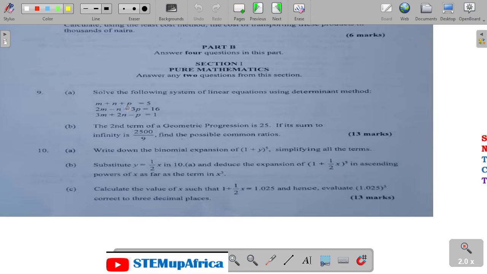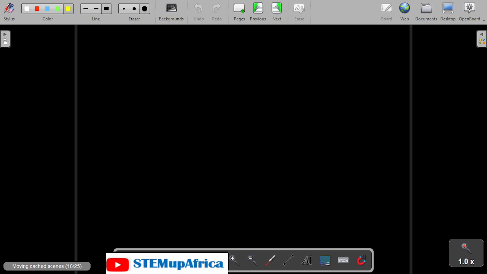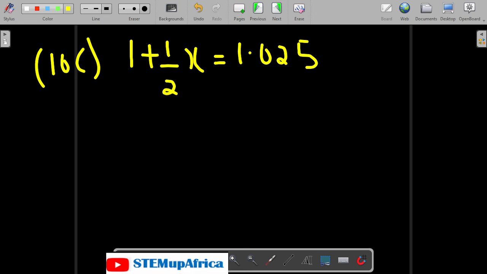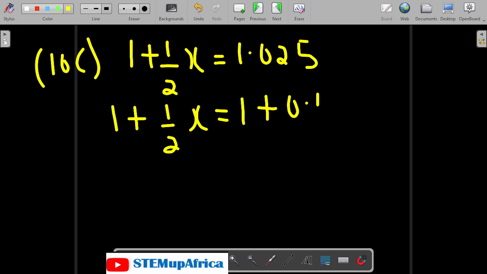Then C says calculate the value of x such that 1 plus 1 over 2x is 1.025. So I can write this as 1 plus 1 over 2x equals 1 plus 0.025.